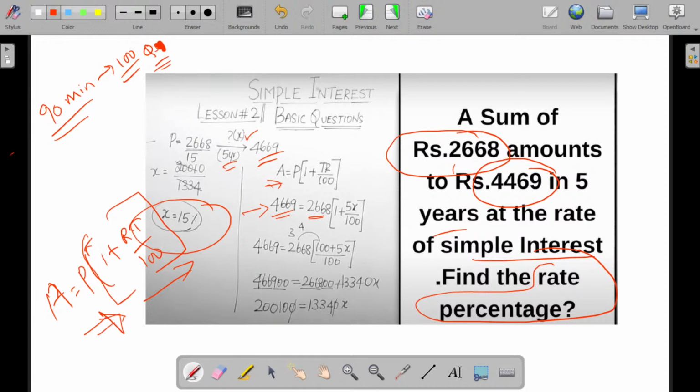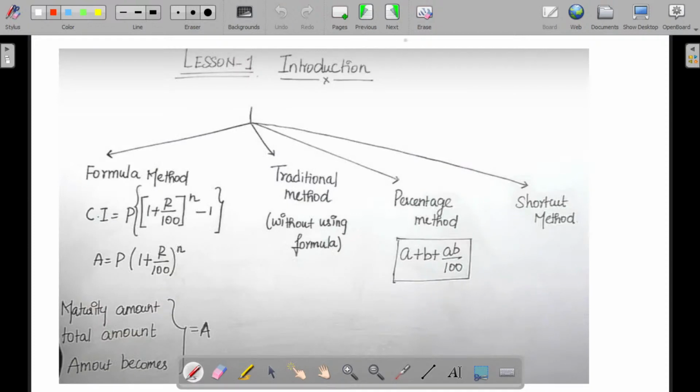And these, like percentage and all, are the basic topics for your other concepts. Okay, simple interest. Now it is compound interest.